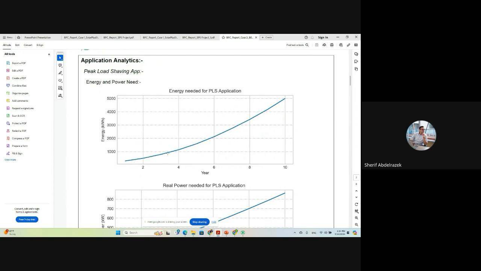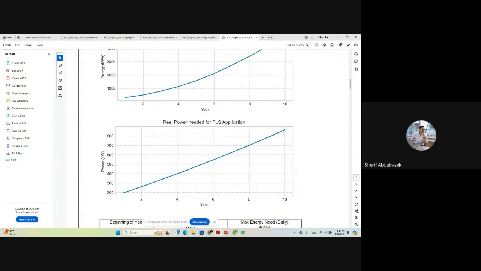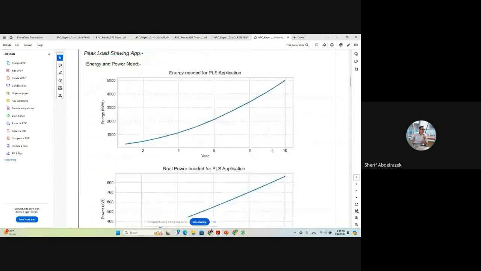So it's telling you for every year how much energy you needed. So here at year 10, we're at the 5 megawatt hour mark. And for power, about 900 kW. There we go. Showed up for me.